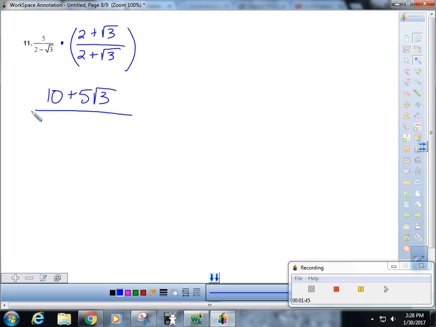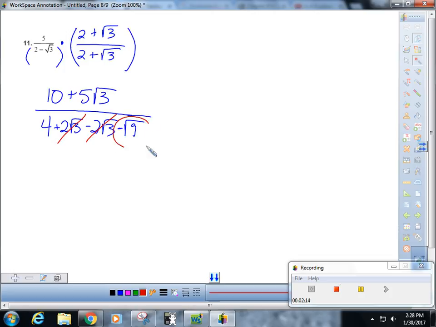On the bottom, we're foiling these things. So 2 times 2 is 4. 2 times radical 3 is 2 radical 3. 2 times negative radical 3. Aha! That's the whole point. And radical 3 times radical 3 is a radical 9, which is just 3, but we'll come back to that. So the whole point of multiplying by the conjugate is it gets rid of that.